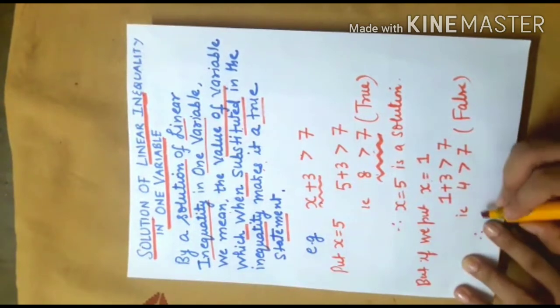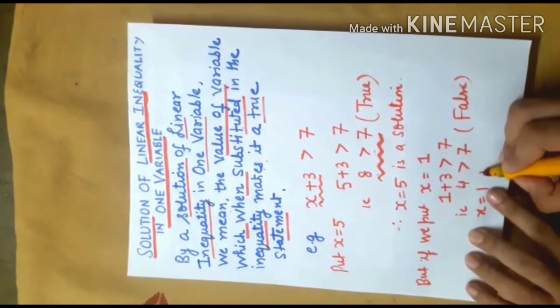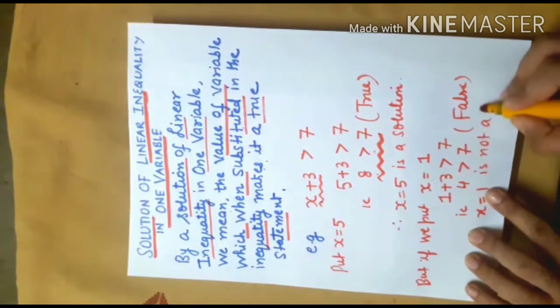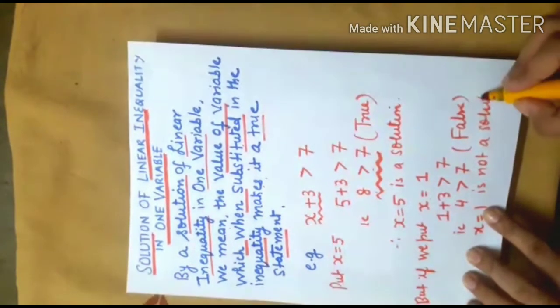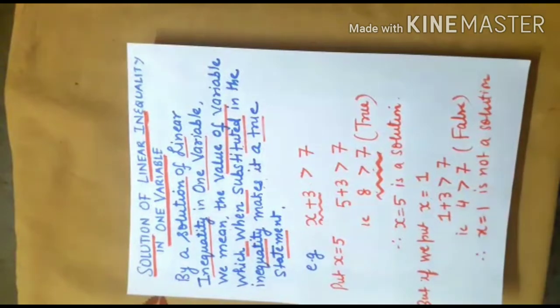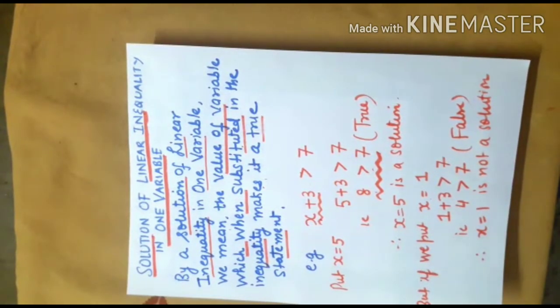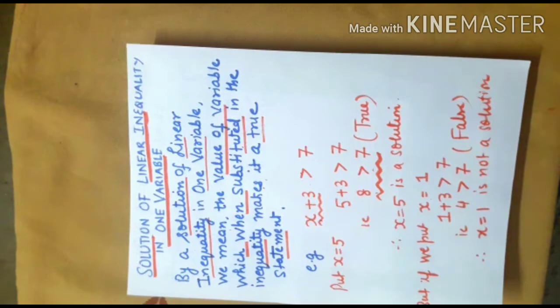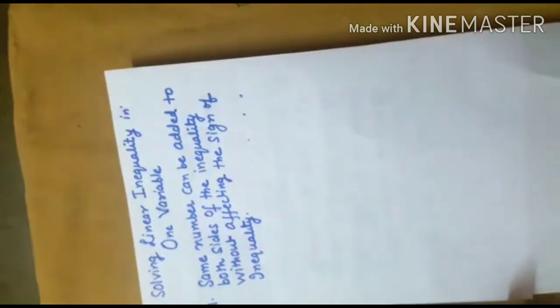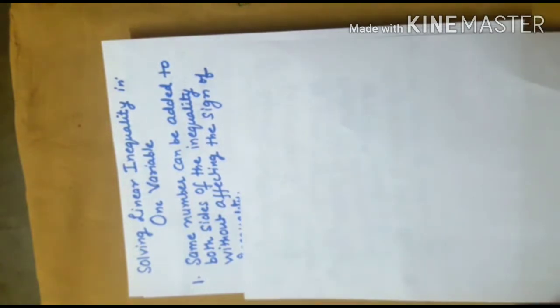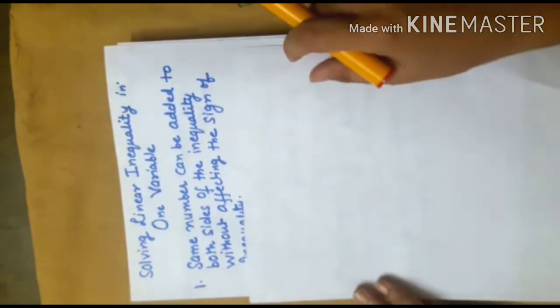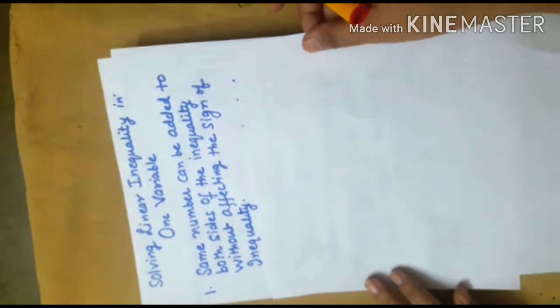Therefore I say x equal to 1 is not a solution. Right? So a solution is that value of the variable which, when substituted in the inequality, makes it a true statement.